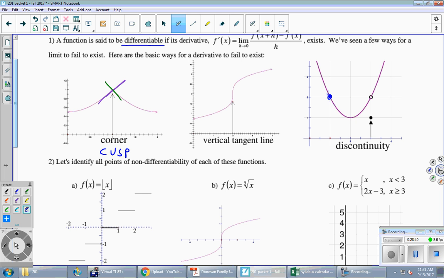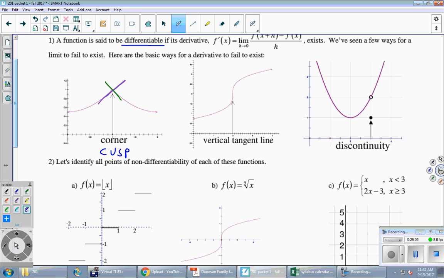So if you have a corner, the derivative does not exist just at that one point. The derivative exists perfectly well at all of the other points on this graph. It just has to be smooth. And as long as it's smooth, curvy, and not pointy, the tangent lines from the one side will merge perfectly with the ones from the other side.